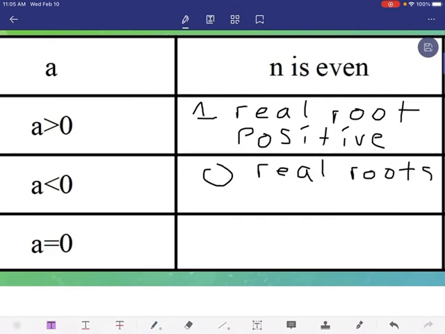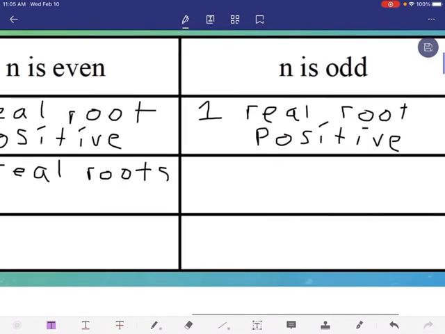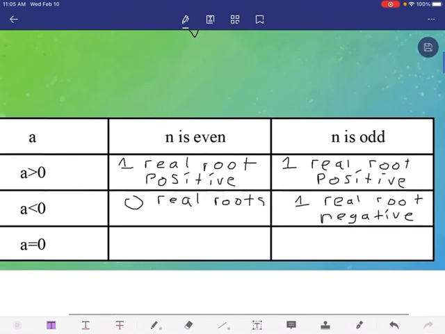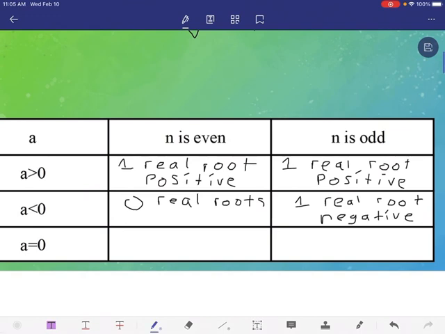So we could say that it does not exist or it is undefined. However, if our n is odd, we will still have 1 real root, but this time it'll be negative. And the nice thing about our last one is that anytime we take any root of 0, whether it is even or odd, our answer is always just going to be 0.